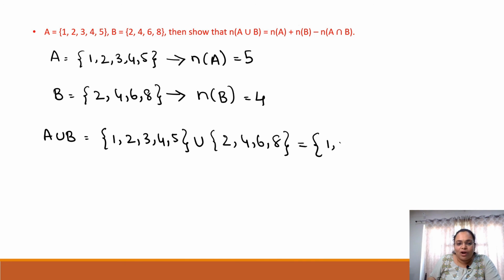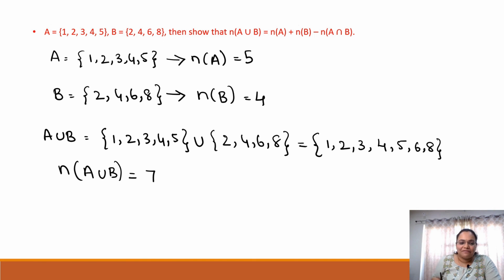So I will not repeat the elements of the set. So these are the elements of A union B. If I want to find n of A union B, how many elements do I have in the set? There are 7 elements, right? So the cardinal number will be 7.